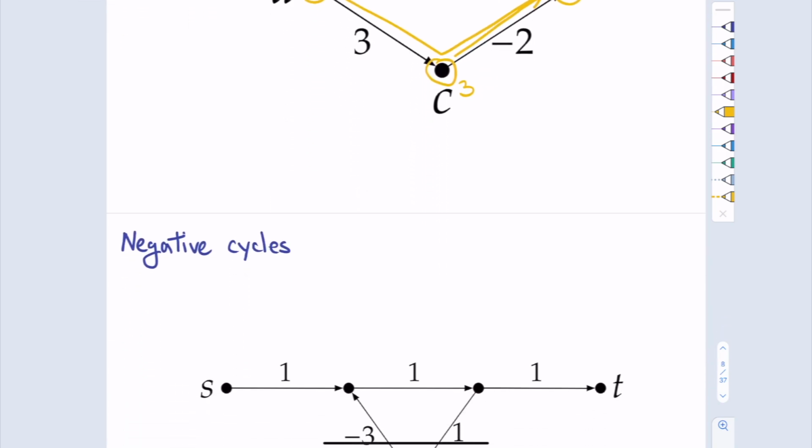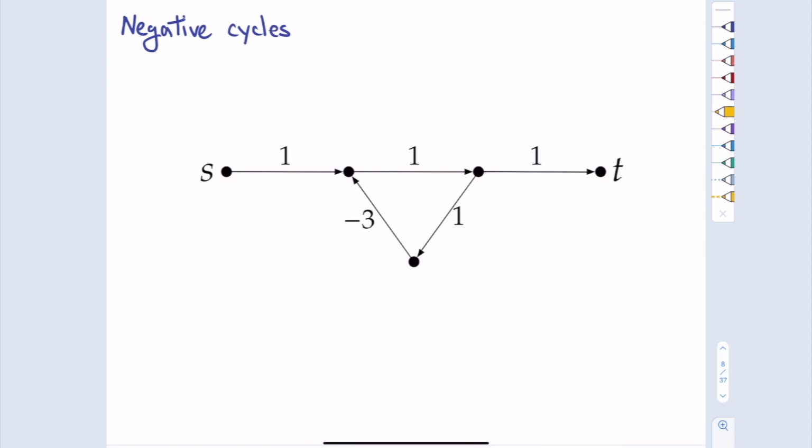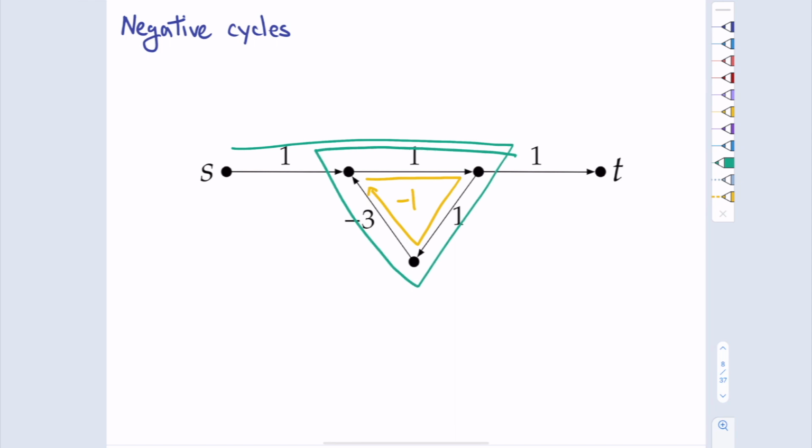Okay. Another funky thing that comes up with negative edges is negative cycles. So here's a pretty minimal example, and the point is that going around this triangle has a total length of -1. So consequently, starting from S, we can go here and go around this triangle arbitrarily many times and make the overall walk as negative as we want.